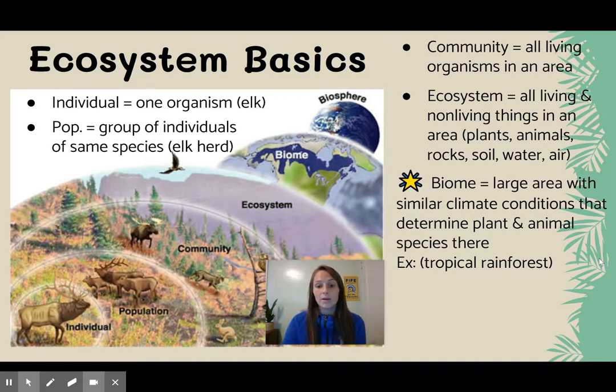Because of the type of conditions in a tropical rainforest, that's going to determine the types of plants and animals that can live there. And you're going to see similar conditions in rainforests that are in different places on the planet. So maybe a tropical rainforest in Hawaii versus in another part, you're going to have similar characteristics of those conditions there.